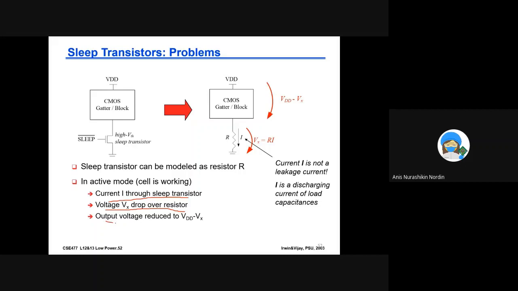So your output voltage is not VDD, but will be reduced to VDD times X. So this sleep transistor is not without a cost. You will be reducing some voltage on your logic gate, and because of this, you will have slightly lower performance. So this is why they like to put sleep transistors on logic blocks that are not so active.